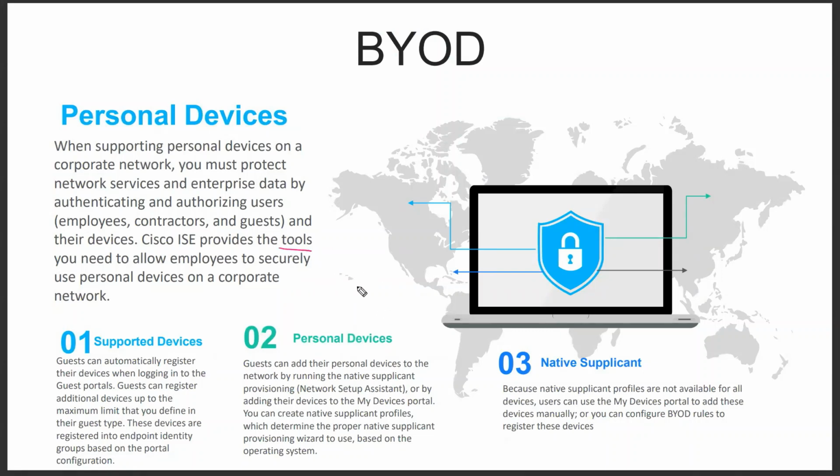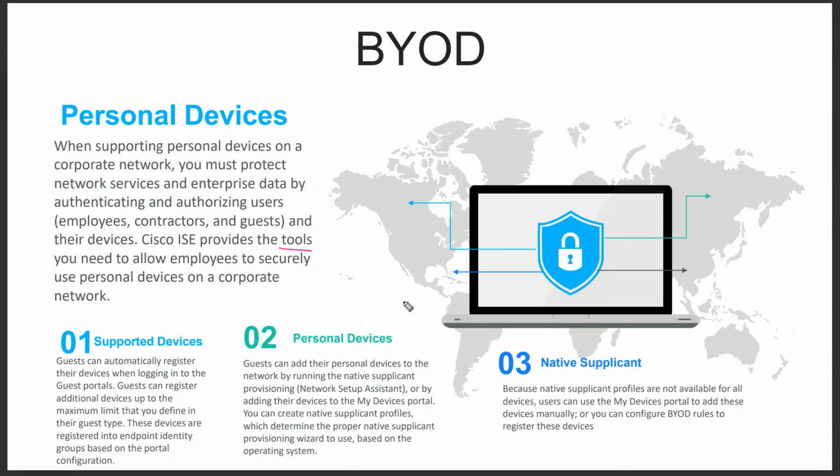You need to allow the employee to securely use a personal device on a corporate network, and Cisco ISE allows that for you. Now, supported devices: there are many devices supported by default by ISE, and it will also do profiling once the user and the machine have been authenticated and authorized.